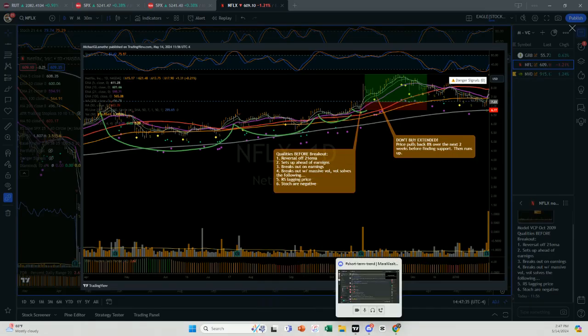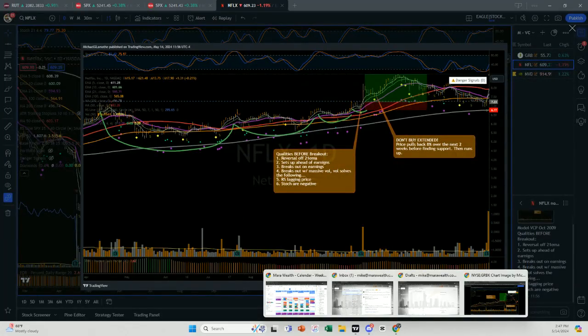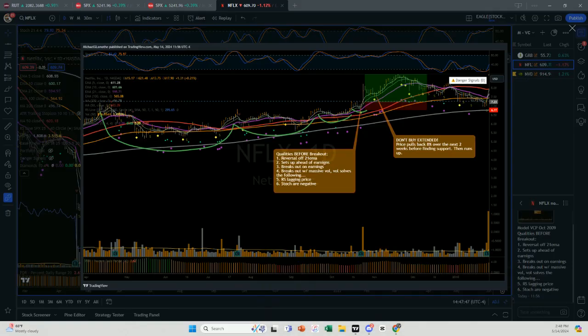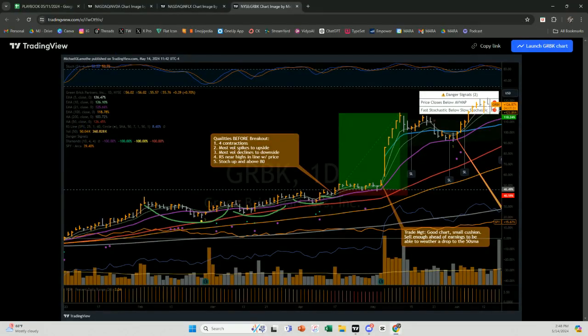We have our definitions. We now have the definition added to our setup book in the playbook. If I can find where the playbook ran off to. It was in here.